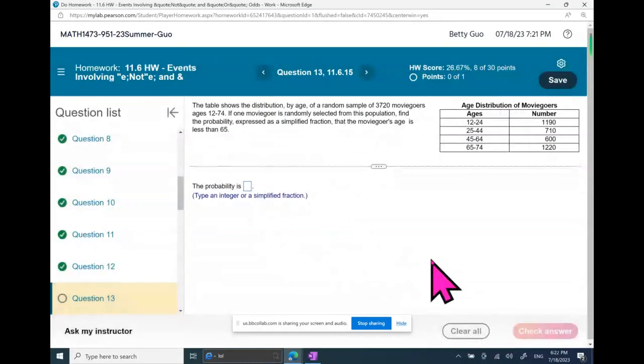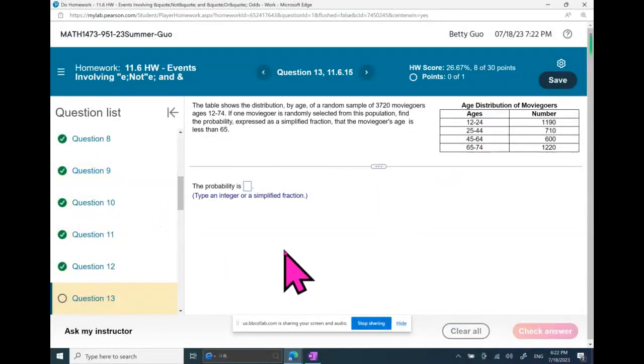This one, let's see. We have an age distribution of moviegoers. For each age category, we have the frequency, the number of people who belong to the age group and go to movies. Older people go to movies, younger people go to movies. Probably the 25 to 64 group are busy and don't go to movies.